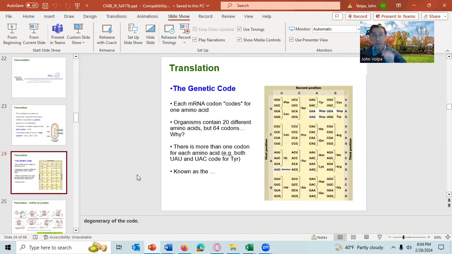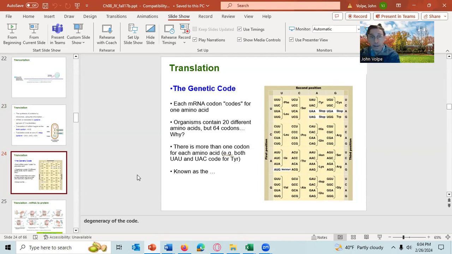All right. So when the messenger RNA is coding for the amino acids, it does it by 3 groups of nucleotides that we call a codon. And then each amino acid has 3 nucleotides that encode the amino acid.